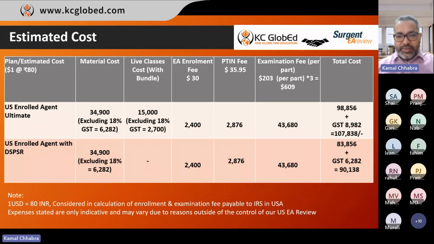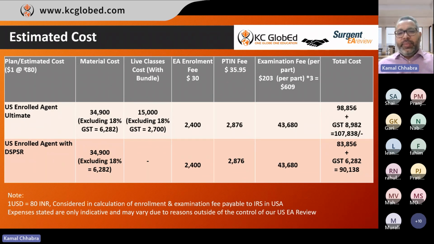And the last point, the cost. As we discussed, we give both offerings. If you take only the learning management software, it will cost you 34,900 plus GST. If you take live classes also, it will add 15,000 rupees, 5,000 rupees for each subject, for the training cost.